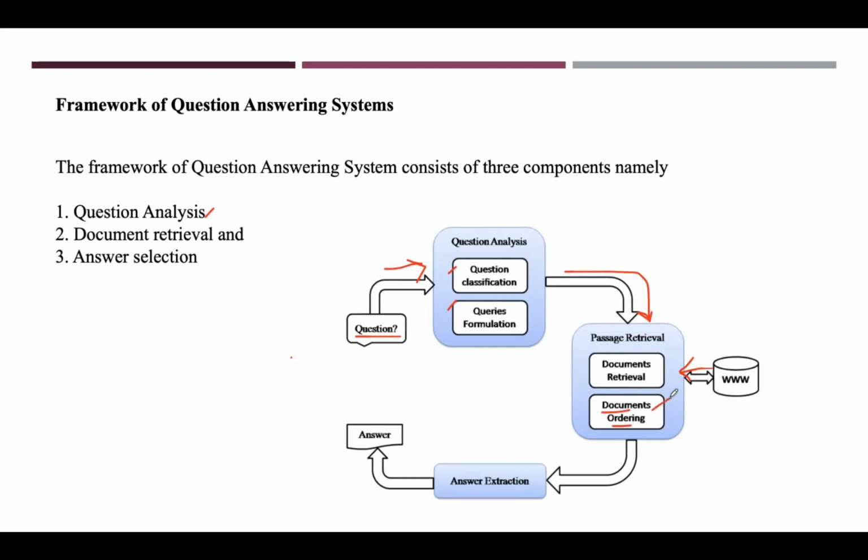And now in document ordering, based on ranking techniques, all the documents are arranged in order and they are sent to the answer extraction phase.